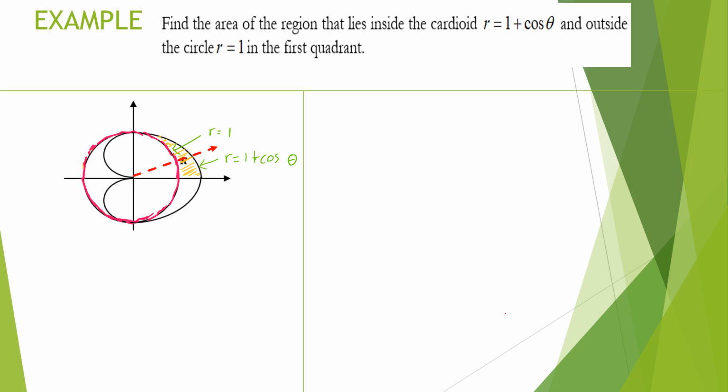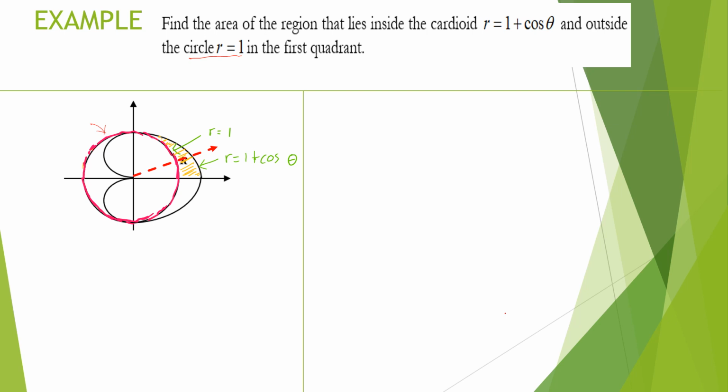Here is our graph. The circle r equals 1 is red in color here.